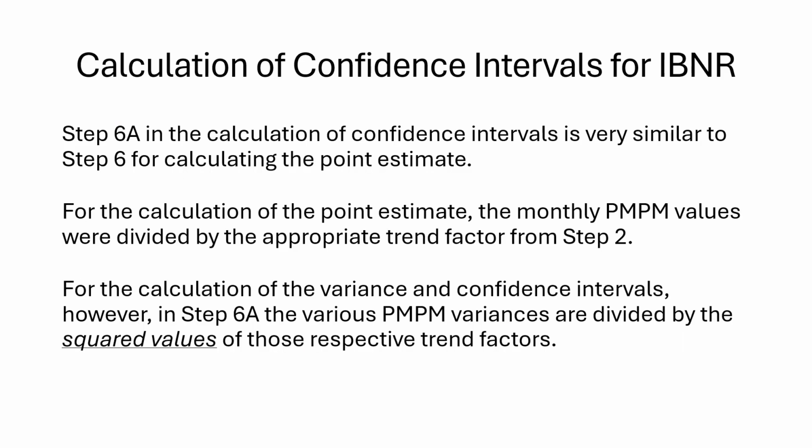The next step in the calculation of the confidence intervals is very similar to Step 6 for calculating the point estimate. For the calculation of the point estimate, the monthly PMPM values were divided by the appropriate trend factor from Step 2. For the calculation of the variance and confidence intervals, however, in Step 6a, the various PMPM variances are divided by the squared values of those respective trend factors.